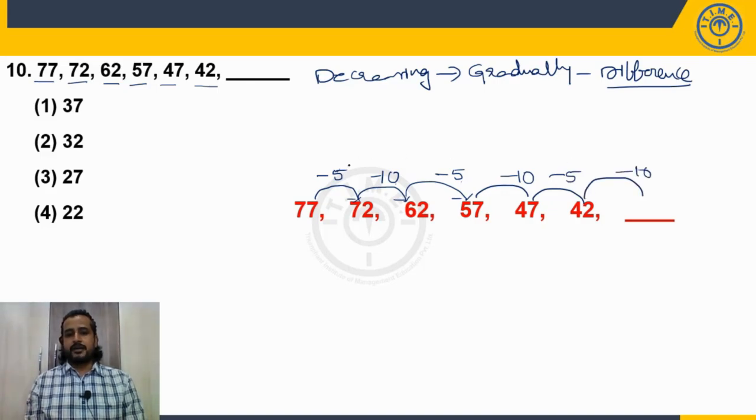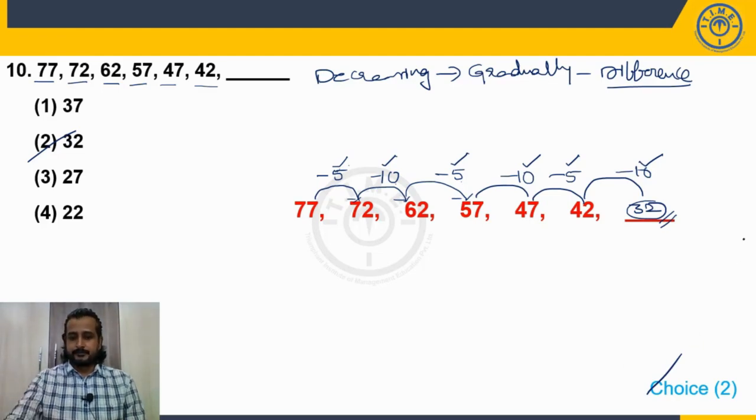Minus 10, minus 5, minus 10, minus 5, minus 10, minus 5. Next will be minus 10. So 42 minus 10 is 32. So what is my required answer? 32. That is choice 2. Alternately reduced by 5 and by 10. So choice 2 is our required answer.